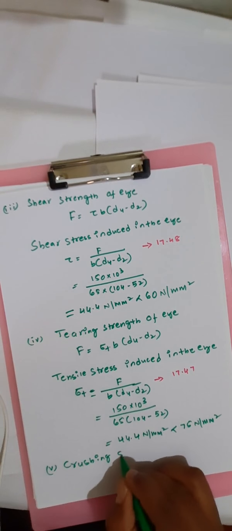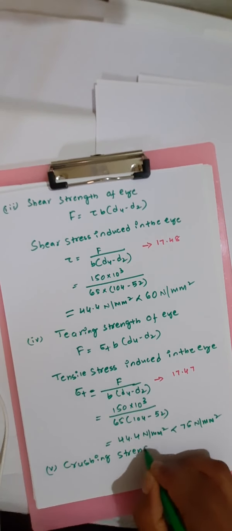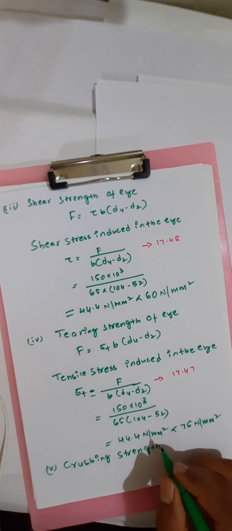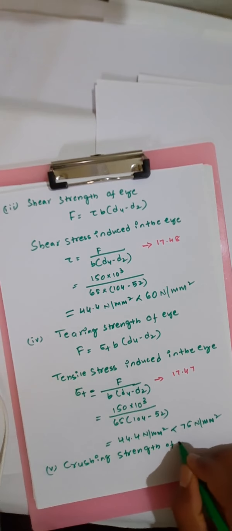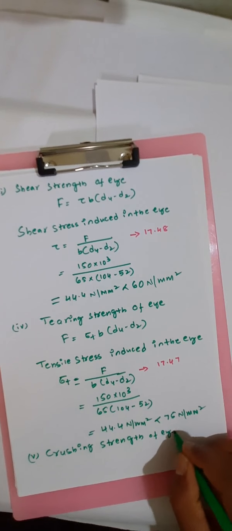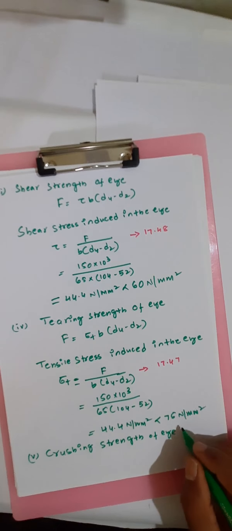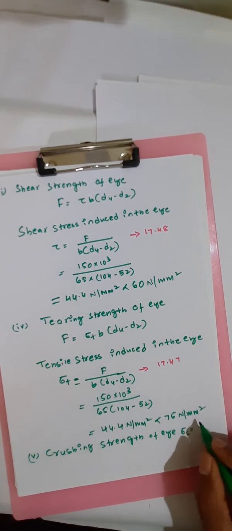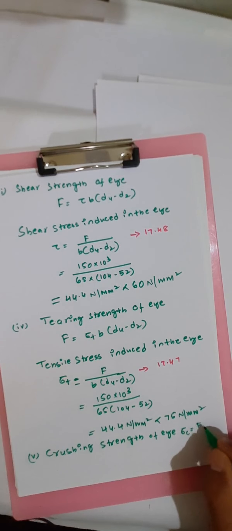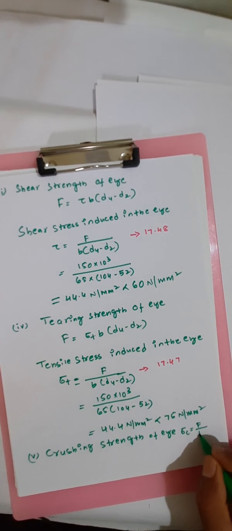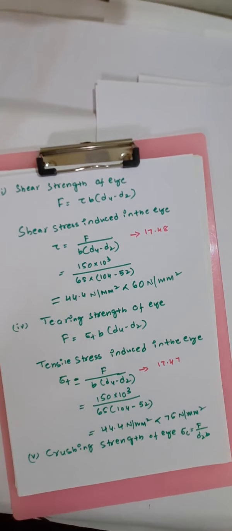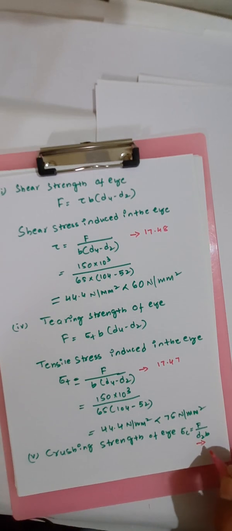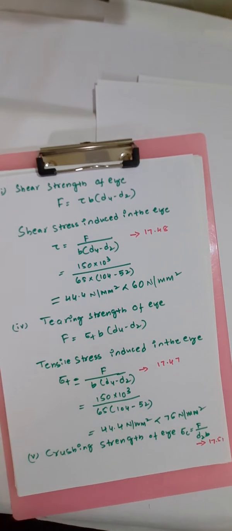Crushing strength of the eye: sigma c is equal to F by d2 into b. This is available in the design data handbook, equation number 17.51.